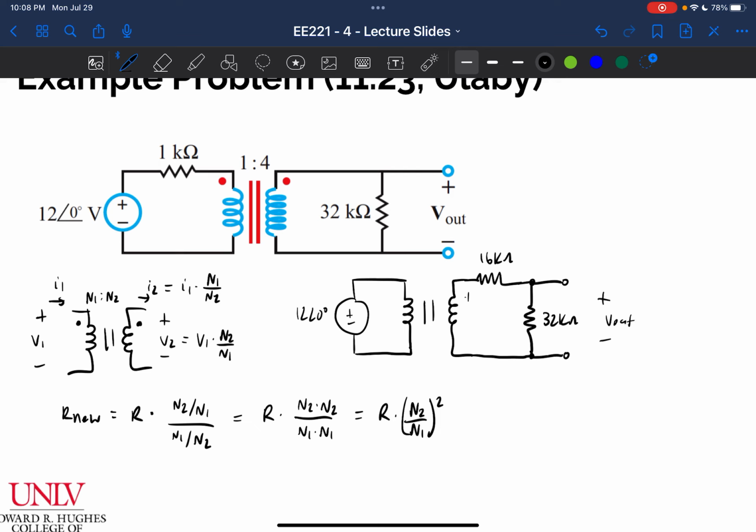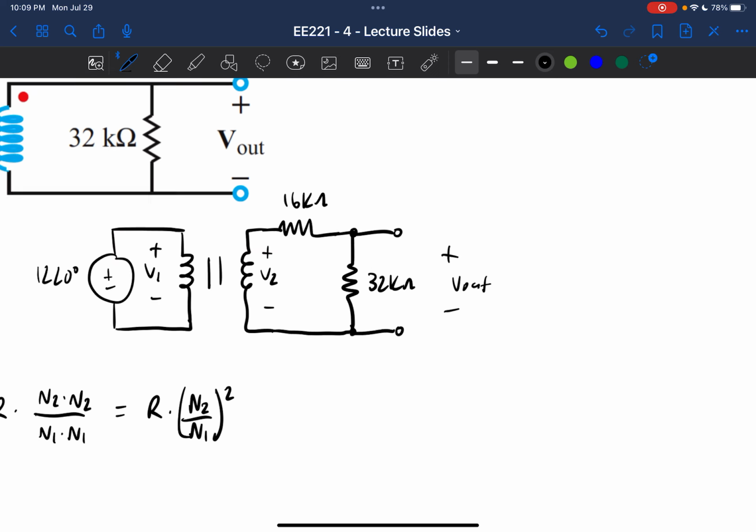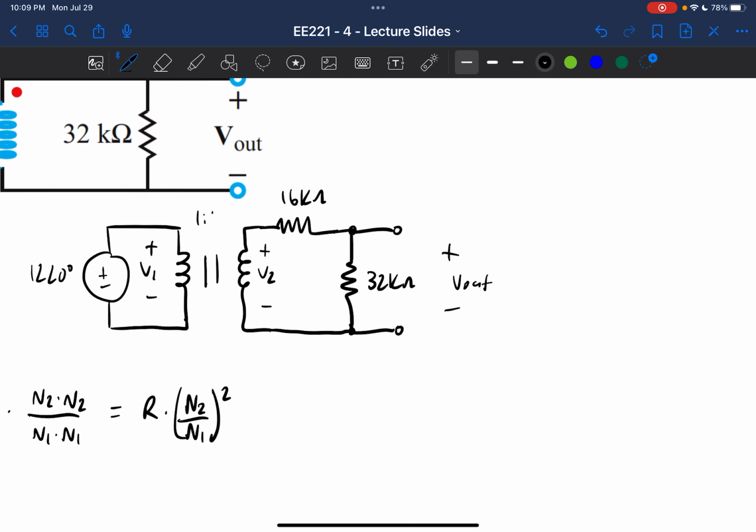Well, I know this voltage, V2, now really easily because V1 is just 12 angle 0, right? V2 should be 4 times that, or 48 angle 0. So I can say V out is going to be my input, which is 48 angle 0, right? I'm looking at this now as if it's just a voltage divider. I've got V2 here, that's the source of my voltage divider, and then I've just got a basic resistive network.